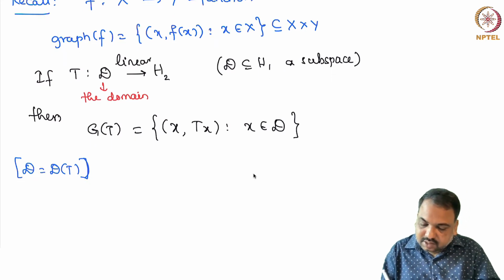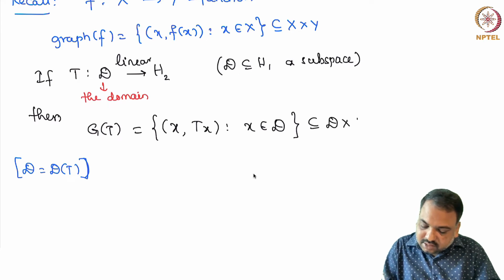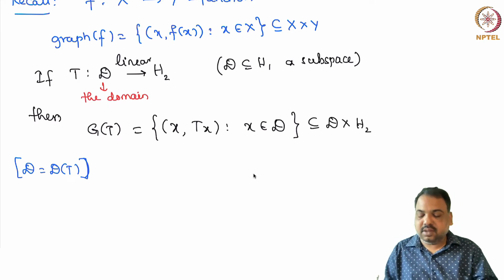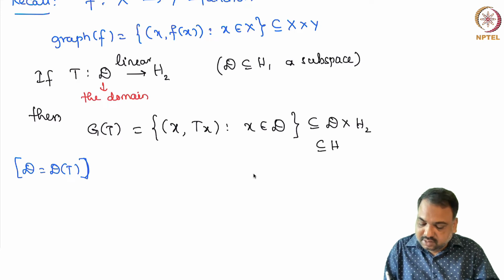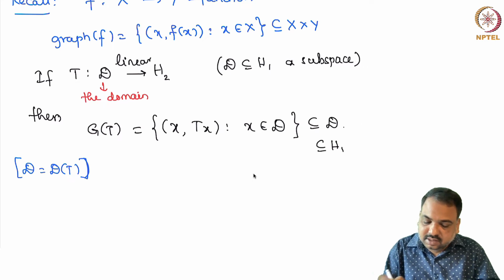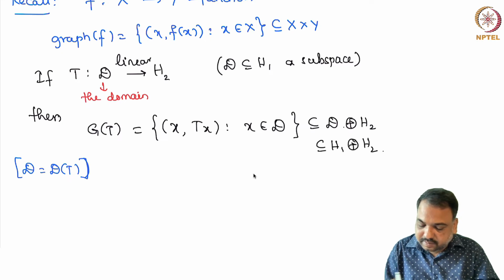Okay, now this is a subset of D cross H2, and again D is a subset of H1. So here, instead of D cross H2, we can always say that it is D direct sum H2, which is a subset of H1 direct sum H2.